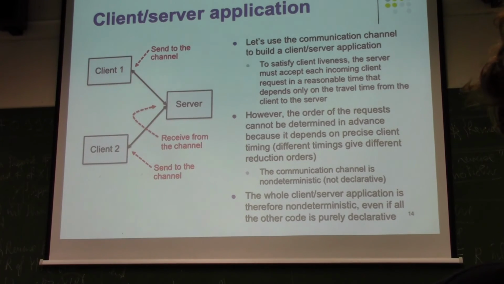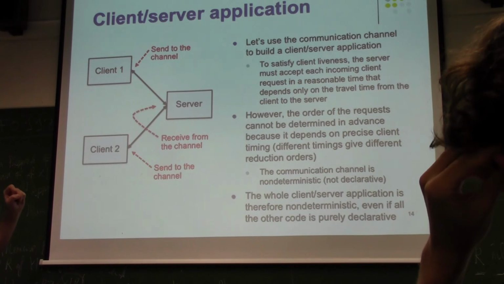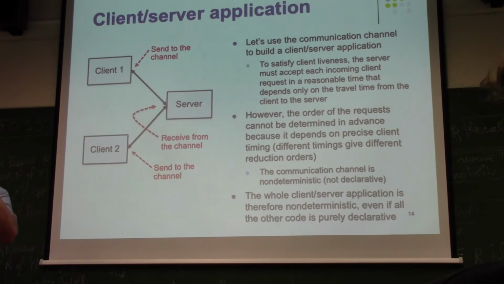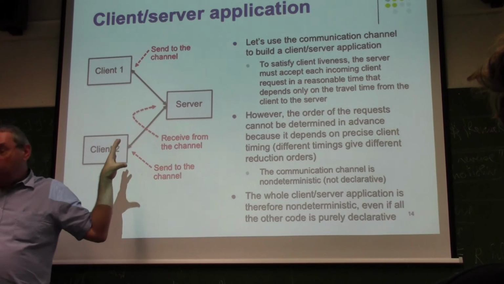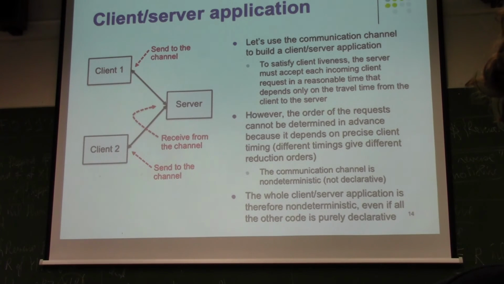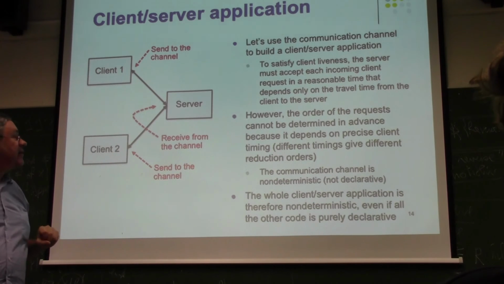So this is an example where you can see that most of the program will still be declarative, and we only need a small piece of non-declarative. So this is very usual, okay? Most systems will be like that. Most systems only have a small part that has to be non-declarative.